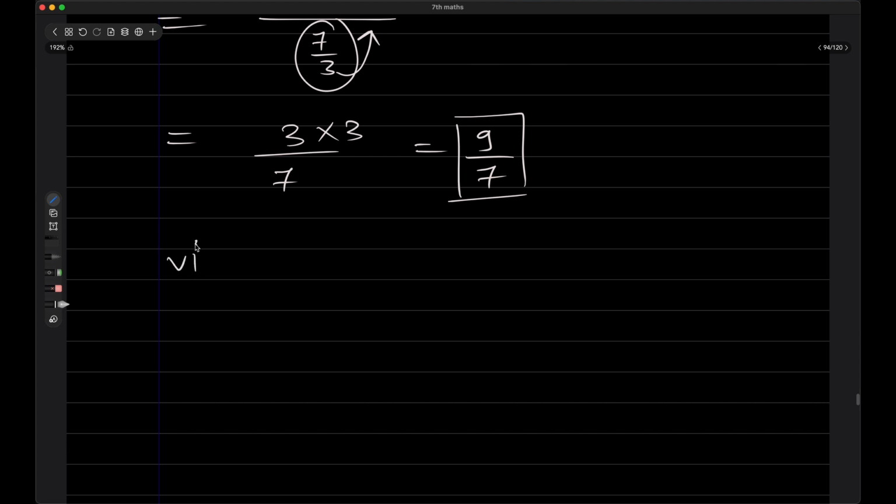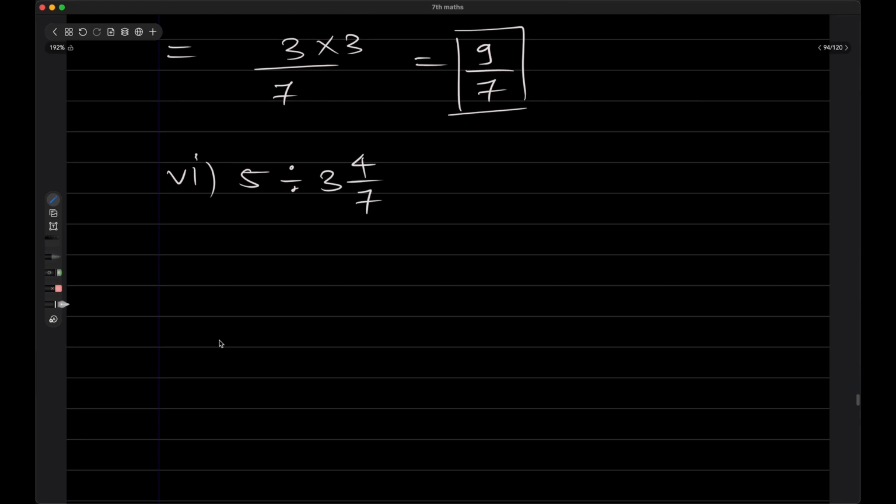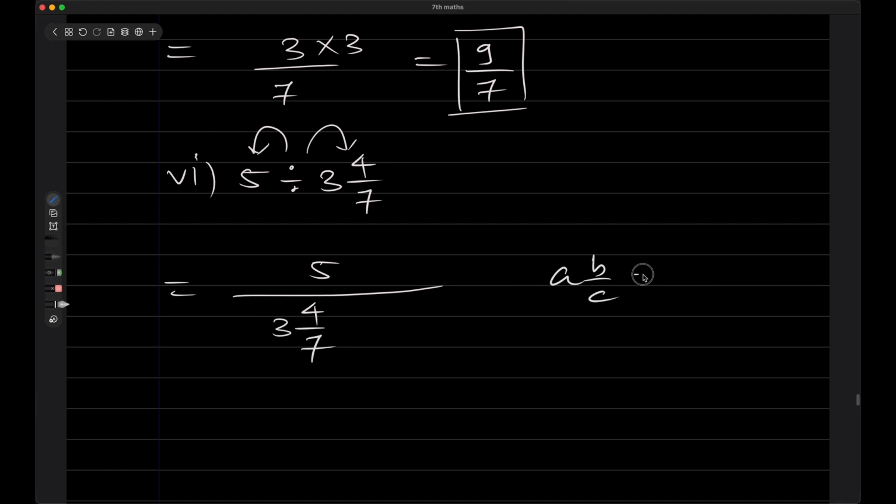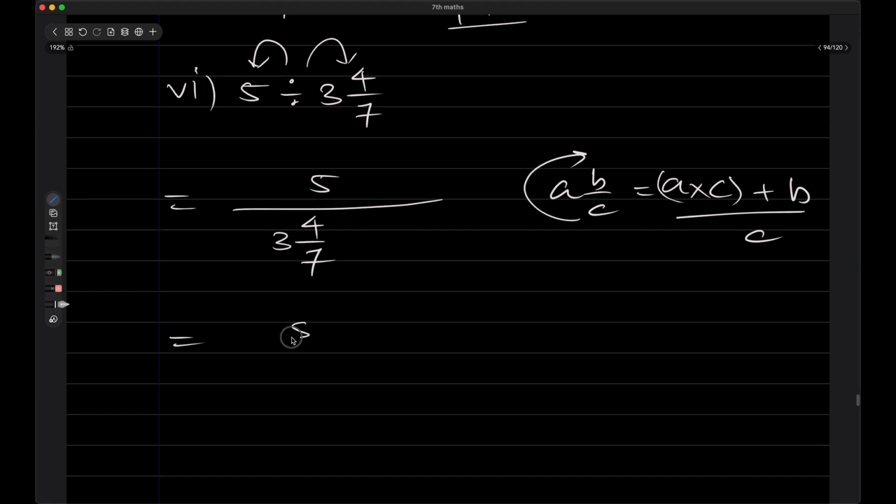And last, sixth, 5 divided by 3 whole 4 by 7. Starting from the division sign, write the left side above the division line and the right side below the division line. We have to convert the mixed fraction to an improper fraction, that is a into c plus b, and the denominator as it is, that is equals to 5 divided by 7 3s are 21 plus 4 is 25 divided by 7.